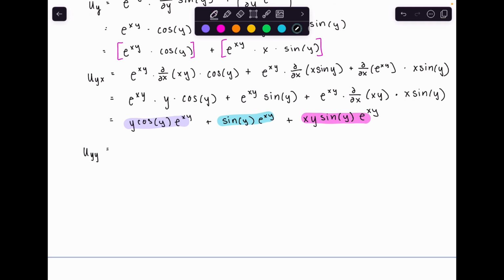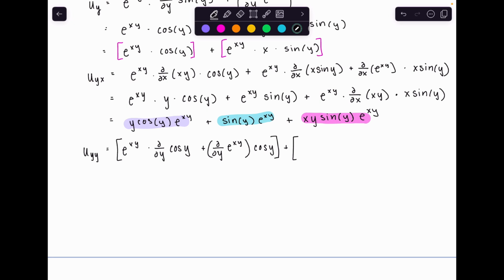So with the first one, we keep the first. And then we're going to differentiate the second. And then we differentiate the first. And we keep the second. Moving on to the second product rule.